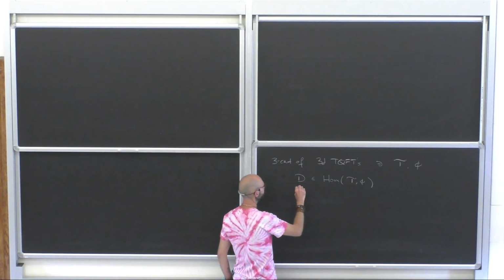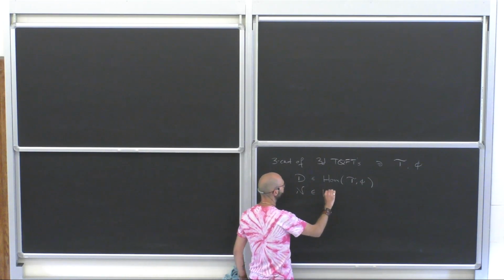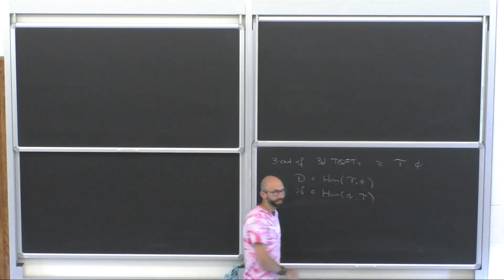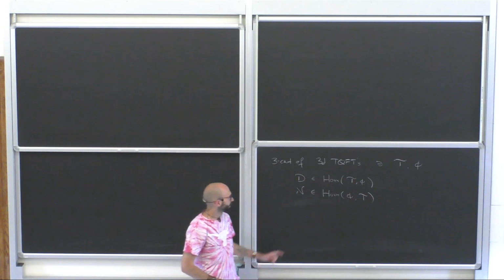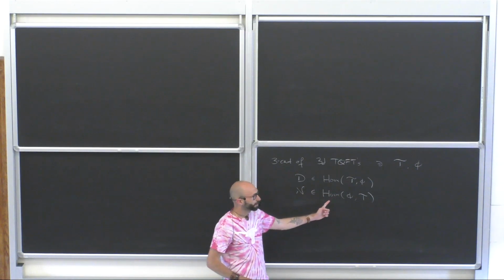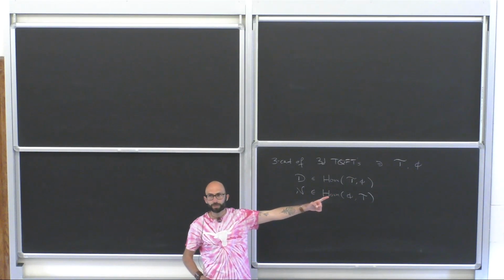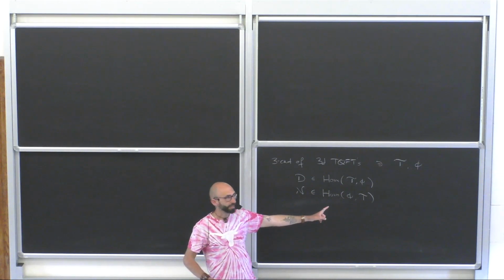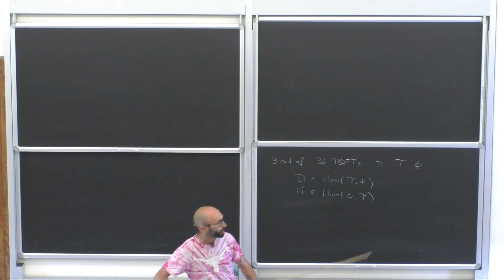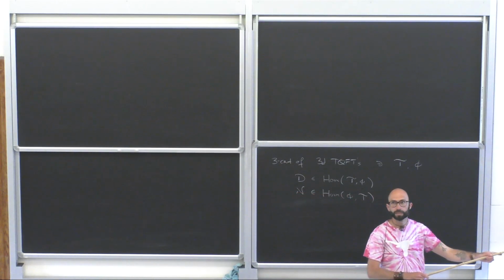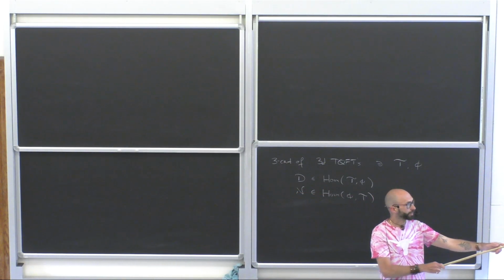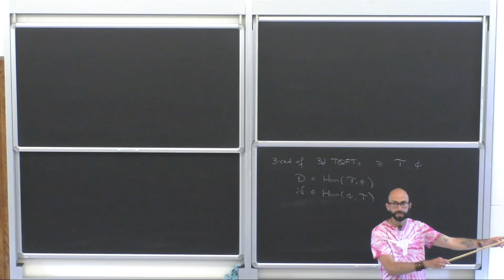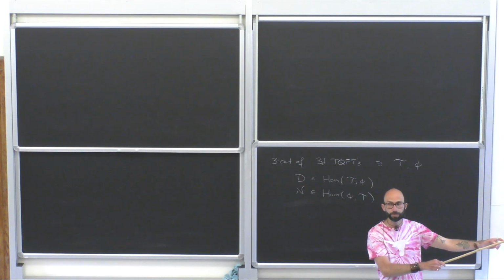D and N are Homs between the empty theory and T. And there's a composition of Homs, and I'm saying that that composition is trivial. I think that's the basic assumption. And then here I'm telling you how it's trivial. I'm saying there's a transformation between the composition and the identity that satisfies certain properties.